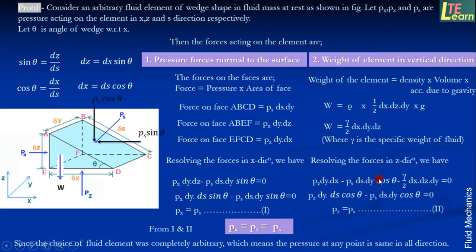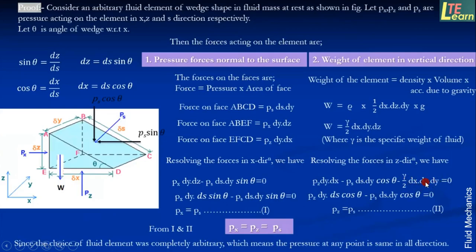Next force which is acting as a weight component, that is already written here, gamma by 2 dx dy dz. As it is acting in downward direction, weight, that's why its sign is minus or negative. So now, as per the definition of this wedge shape fluid element, we say that it is an infinitesimal element, means dx dz dy, all these are very small, and the product of these will be nearly equal to 0.